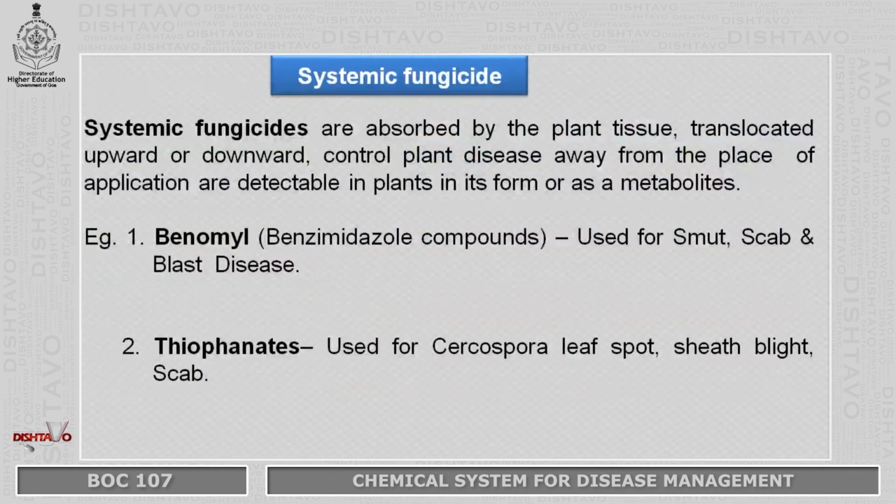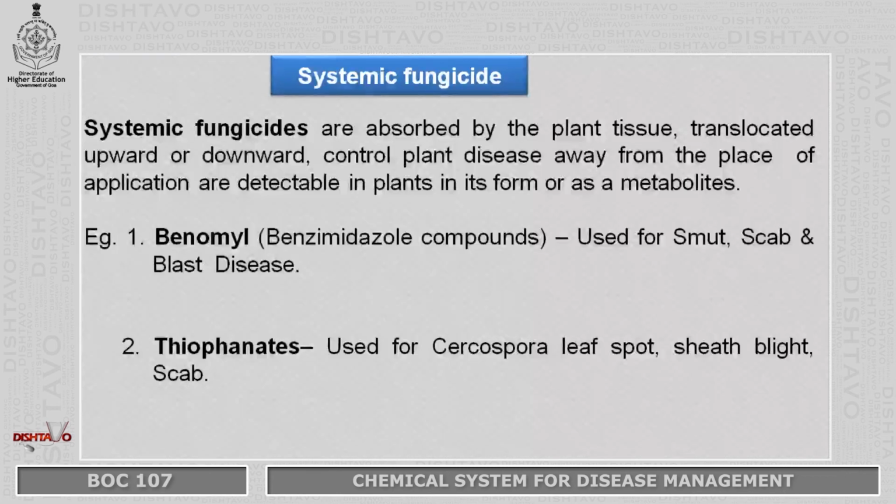Then we have systemic fungicide. These are compounds which are absorbed by plant tissue, translocated upward or downward, and they help to control plant disease away from the place of application. The example is benomyl, which is used to control the smut, scab and blast disease.